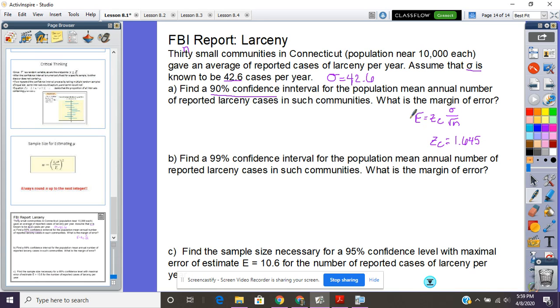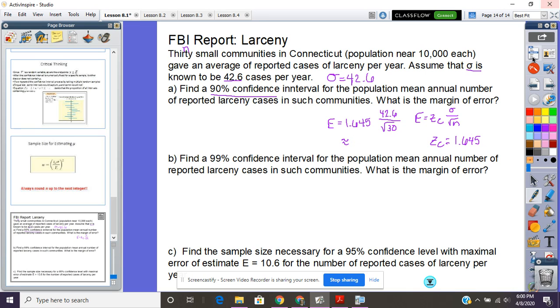Now we can find this margin of error. E equals 1.645 times 42.6 divided by the square root of 30. This is going to be an estimation, and let's estimate it to 2 decimal places. That seems like a good thing here.